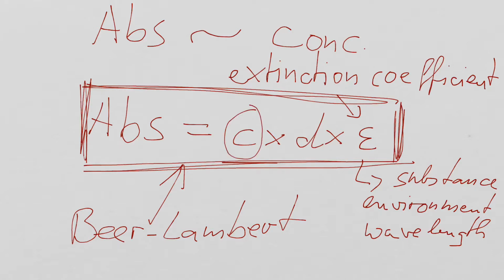As long as we know D and the extinction coefficient, we can easily measure how much of a substance we have. Like you did in the practical, where you whacked your sample into the spec and you measured how much absorbance do we get from that. And that tells you what the concentration is.